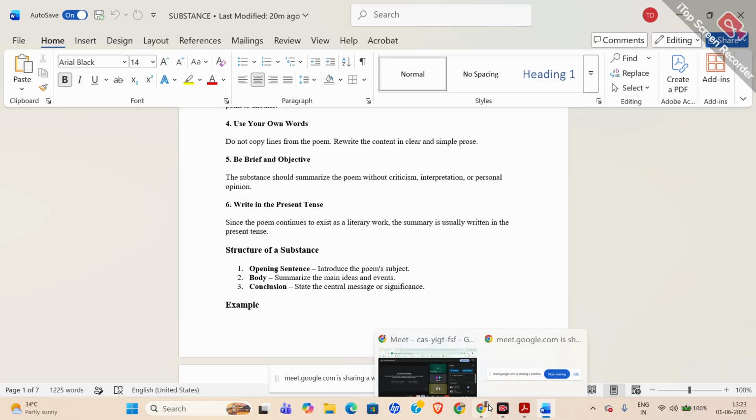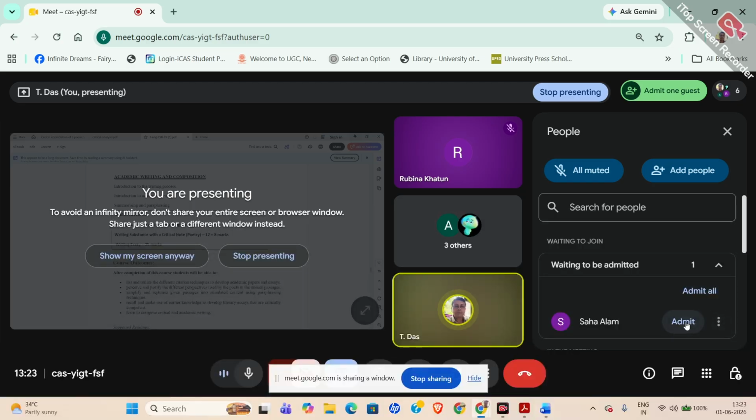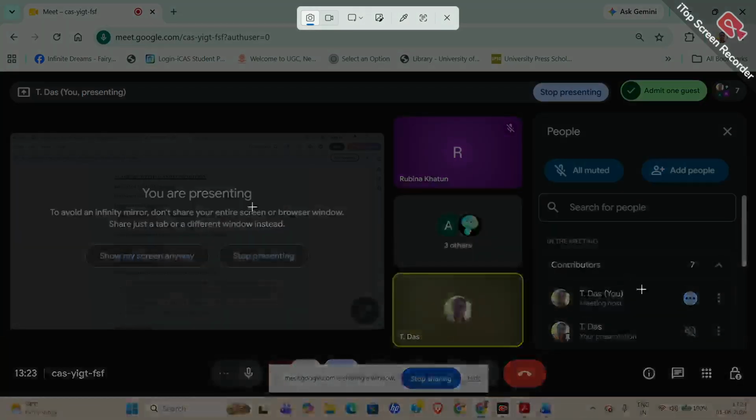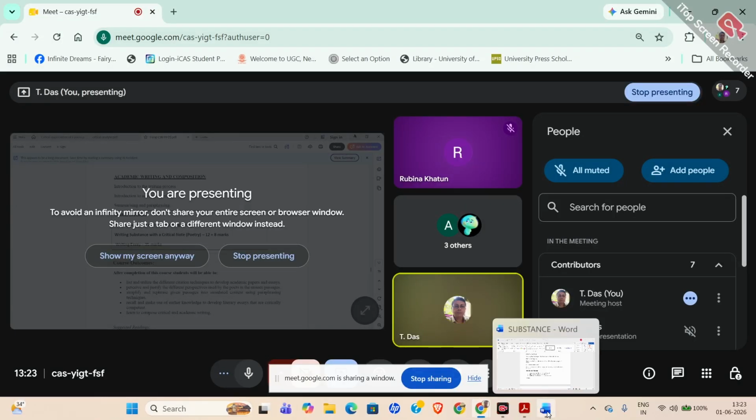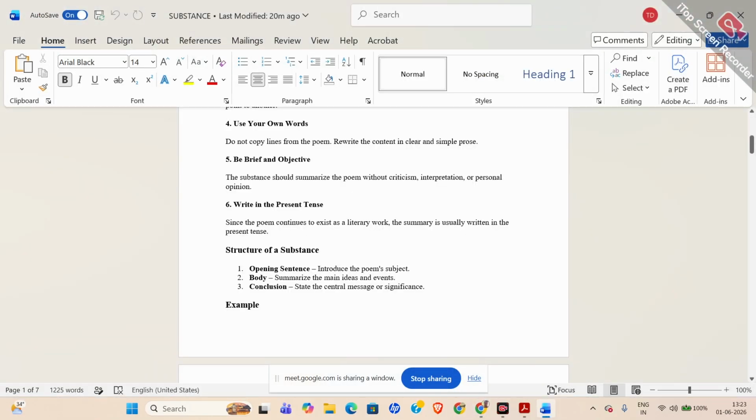So there is this kind of a division in the sonnet, যদি সনেট দেয়, কেন আমি সনেট বলছি যেহেতু সনেটটা দেওয়ার সম্ভাবনা বেশি, ছোট কবিতা তো এই জন্য বলছি। সনেট যদি হয় তোমরা ক্রিটিক্যাল নোটে বলবে সেটা, মানে সেটা পরে আসছি, আগে এটা আমরা করে নিই। So write in the present tense, since the poem continues to exist as a literary work, the summary is usually written in the present tense.